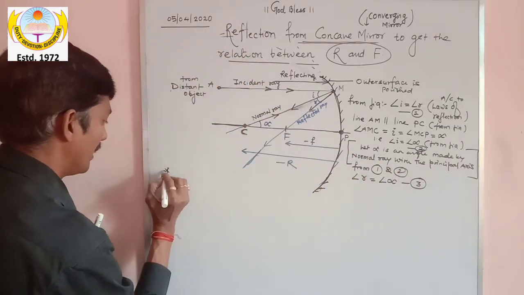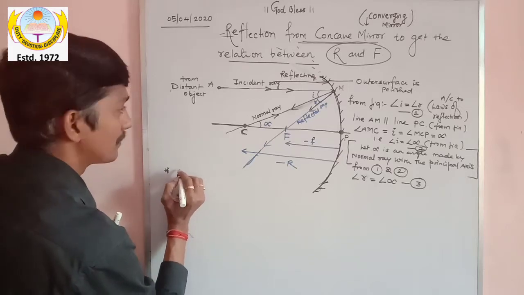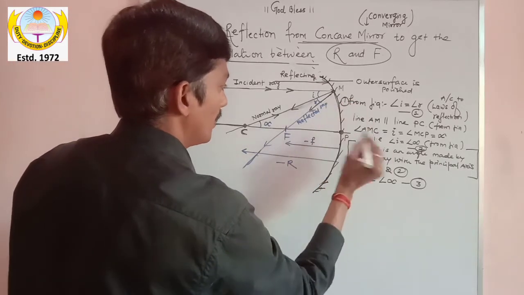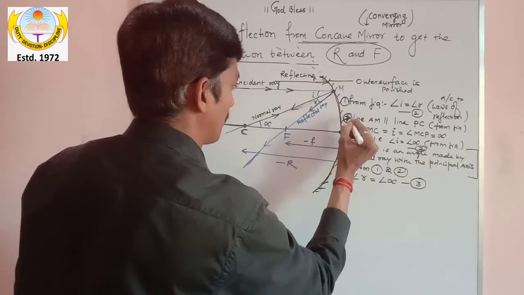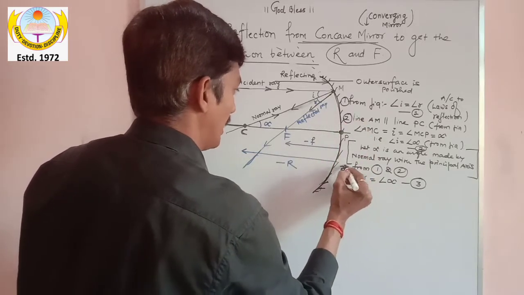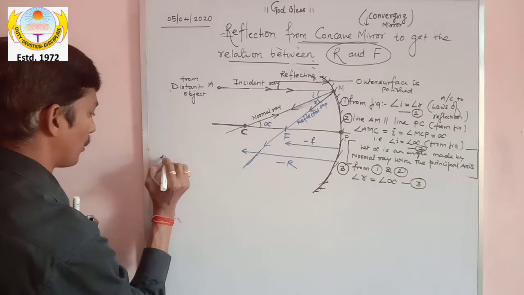So I am writing here. Let. So this is my first point. Because you are writing your notes also, this is second point, this is my third point, and now I am writing the fourth point.